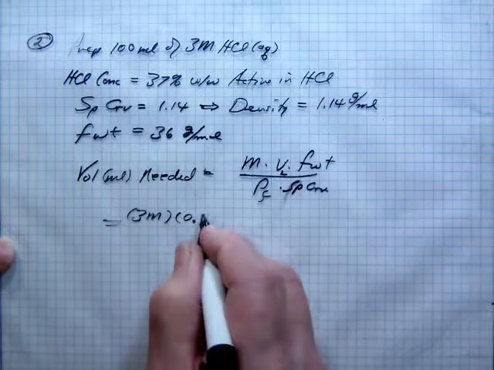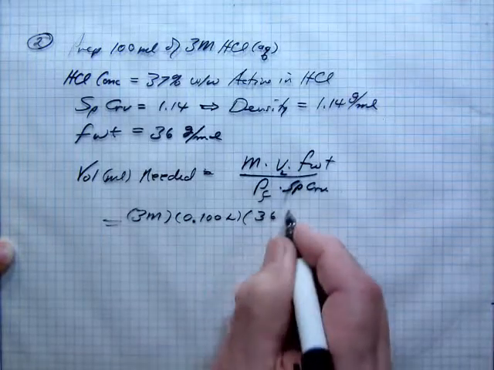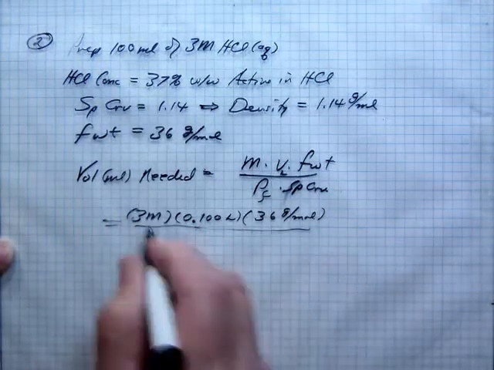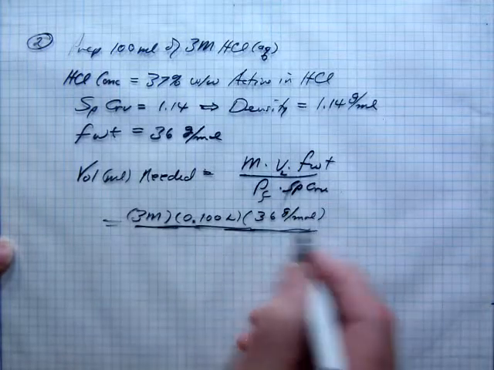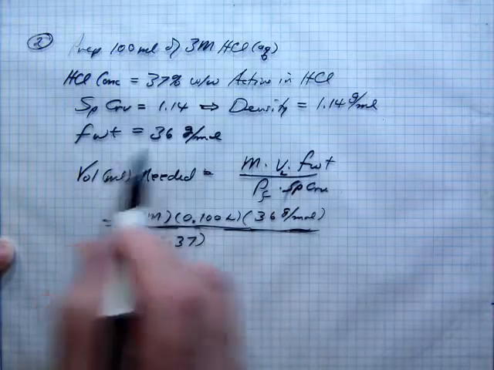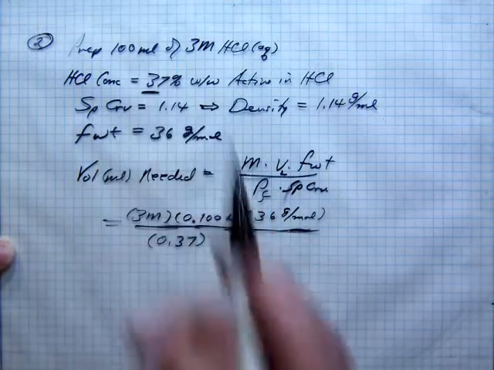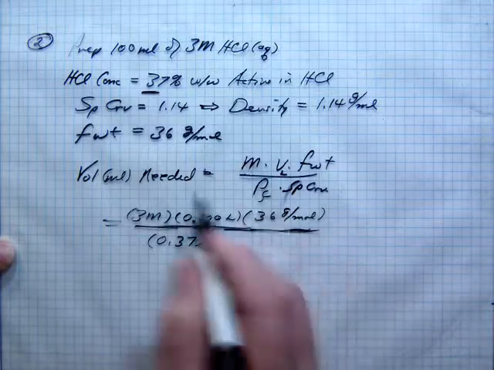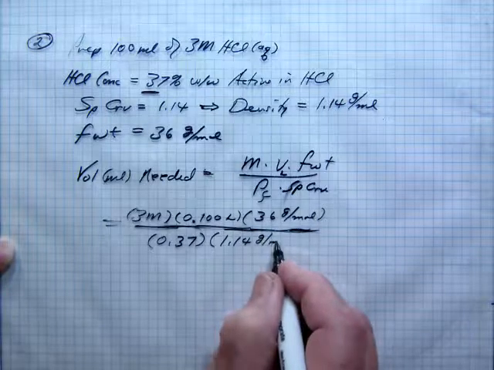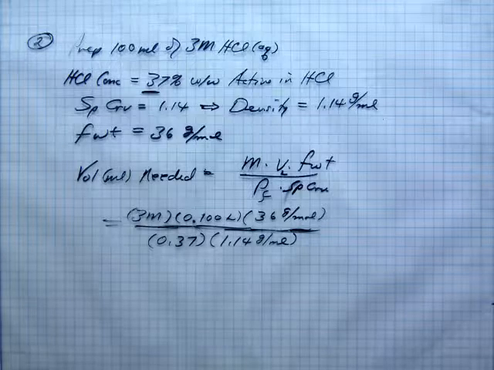In liters, that's 0.100 liters. Formula weight, 36 grams per mole. Purity factor is 0.37. So that's the 37% converted to a decimal fraction right here. And then your specific gravity, which is the same as your density number, is 1.14. And I'm going to go ahead and put in grams per milliliter so I can show you the evolution of the unit set. This comes out of this thing.